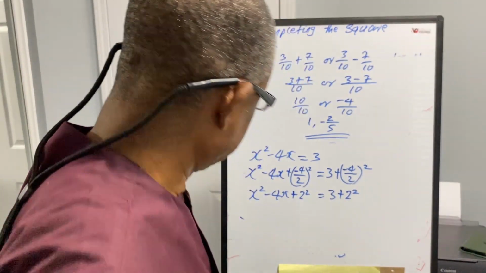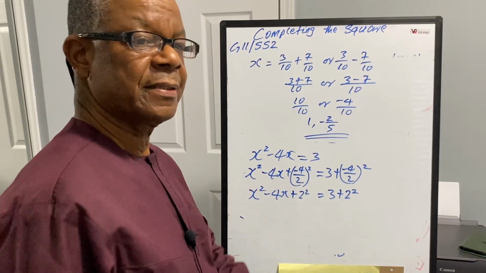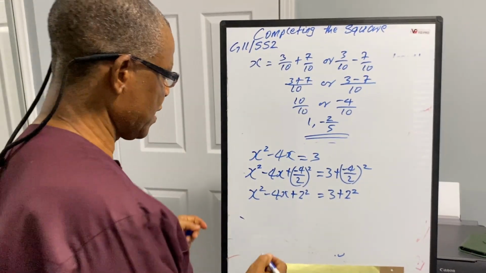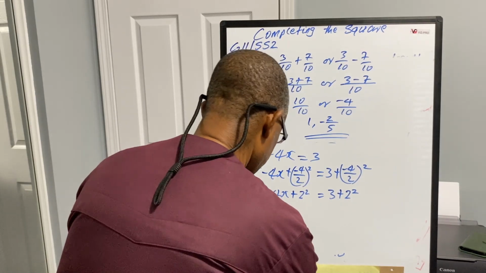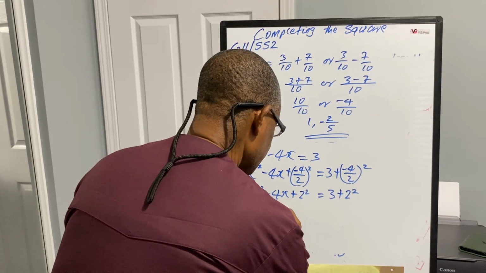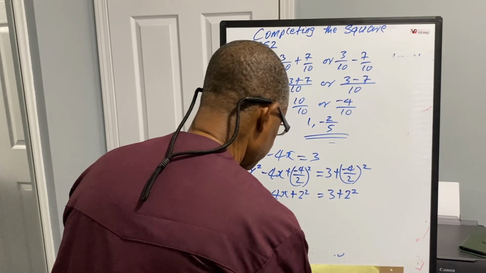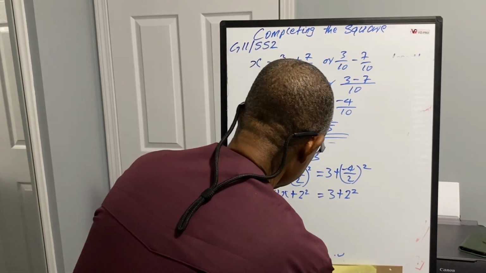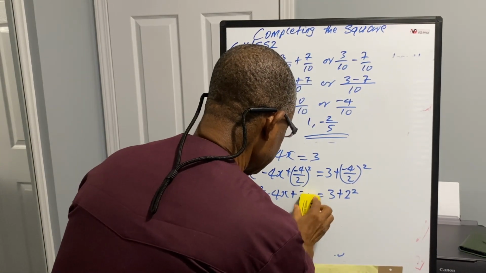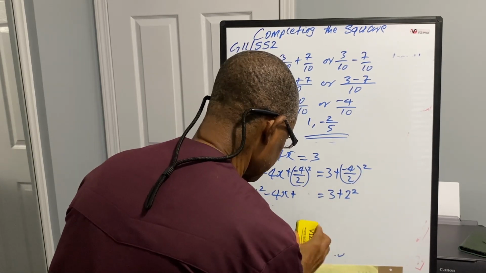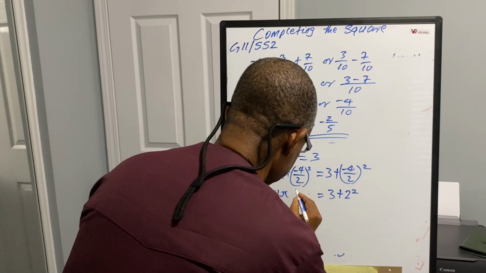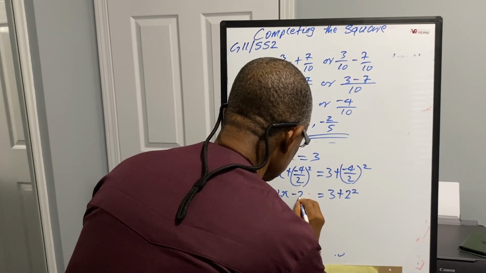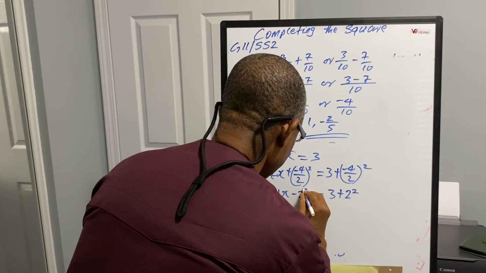Now the next thing is to express the left hand side in a perfect square form. That is x, okay, permit me, let us still leave this in a bracket. Remember that plus minus will give us minus, we still leave it as minus 2 squared.